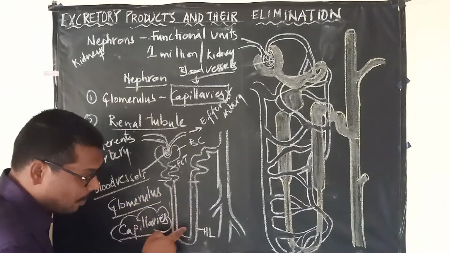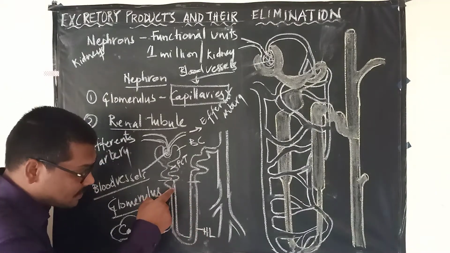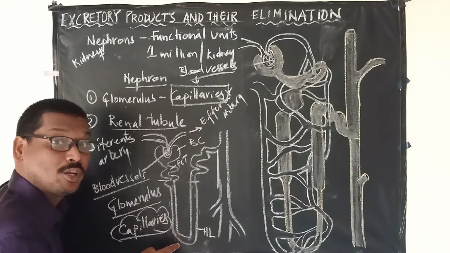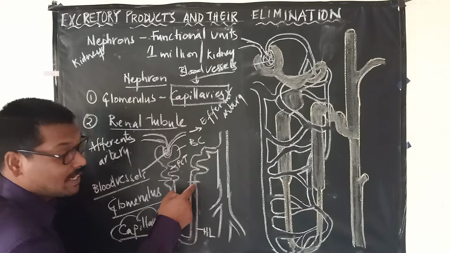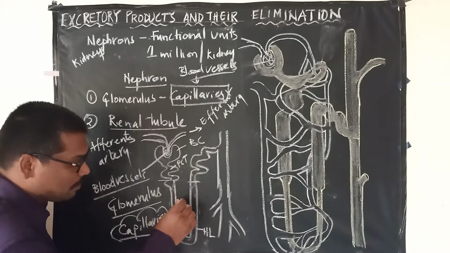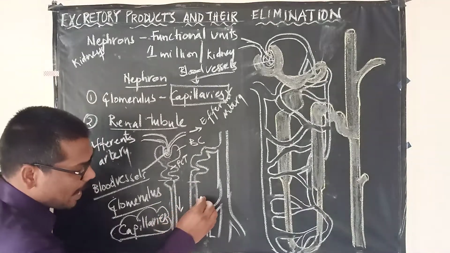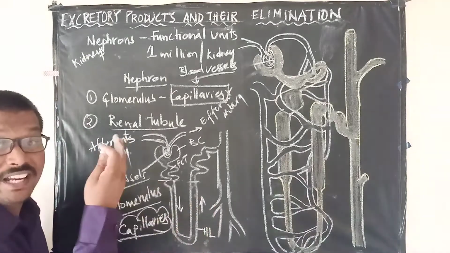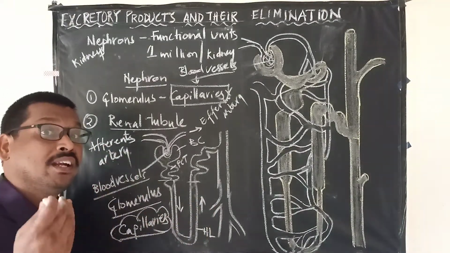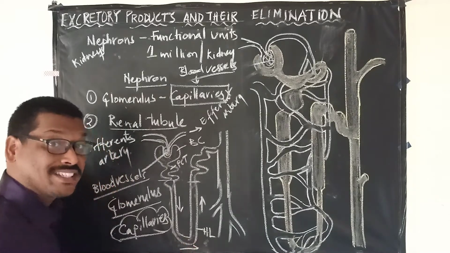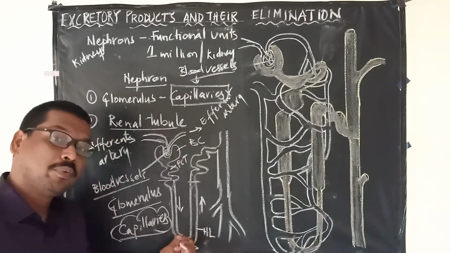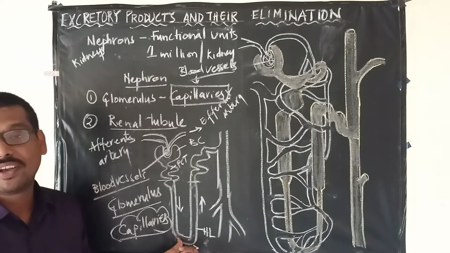This part is called the descending limb of Henle's loop, and this part is called the ascending limb of Henle's loop. In depth, this part is also called the transverse limb.